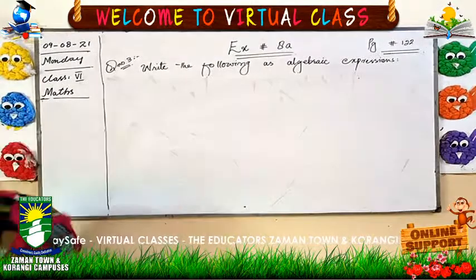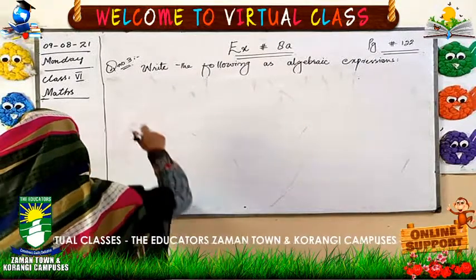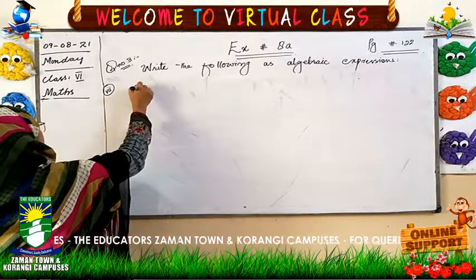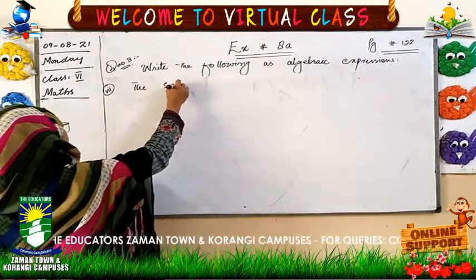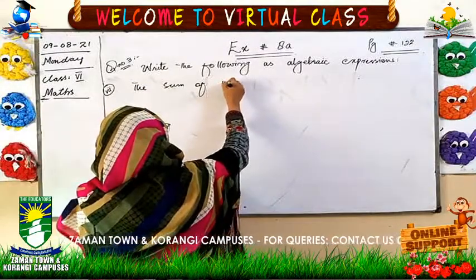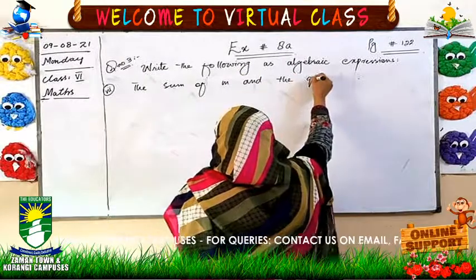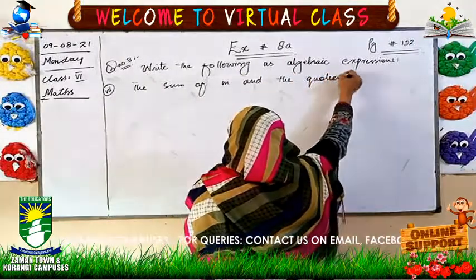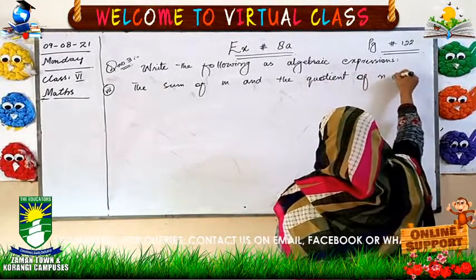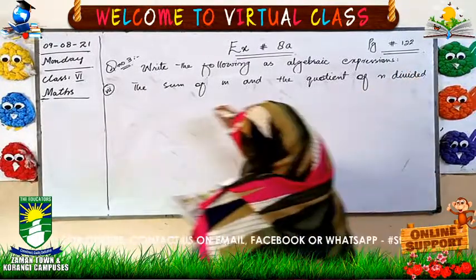Like number 7. The sum of m and the quotient of n divided by 2.